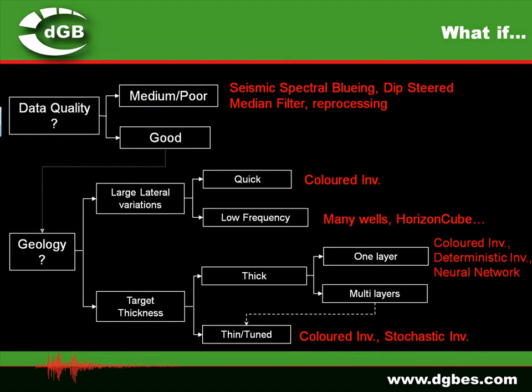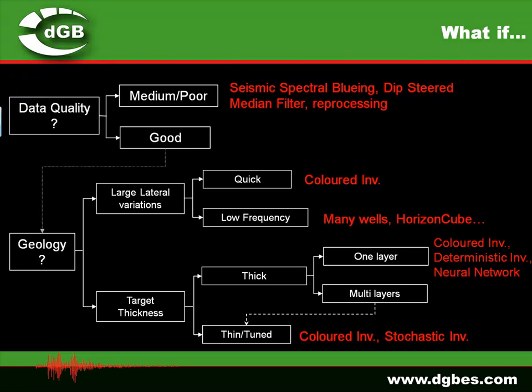First you will look at whether your target is thick or thin. If it's thick, it has one layer, so it's easy. You can apply any kind of inversion you want. The model is likely to be good and more trustable.